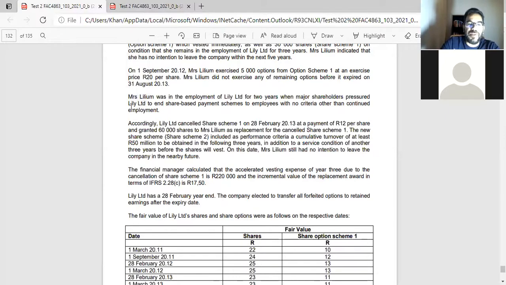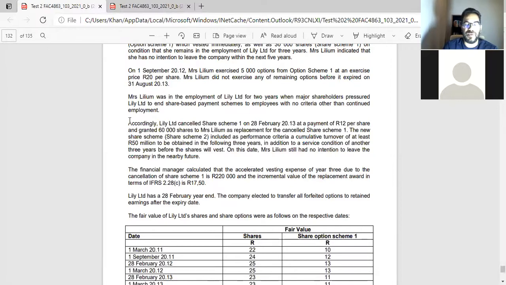As a result of the pressure, paragraph 4 takes place. Accordingly, Lilly Ltd cancelled Share Scheme 1 on 28 February 2013 at a payment of 12 Rand per share and granted 60,000 shares to Ms. Lilliam as a replacement for the cancelled share scheme.